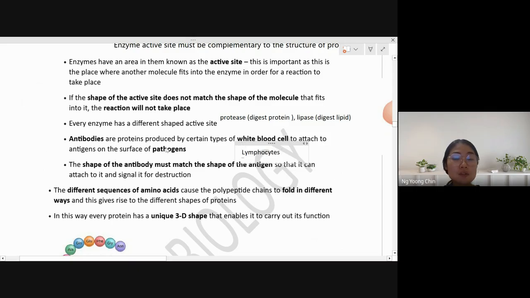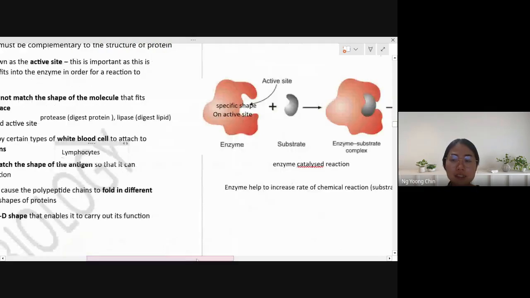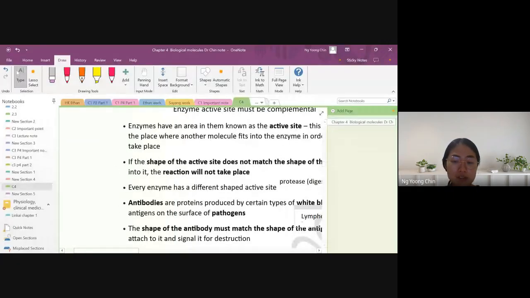Whenever the antibody needs to bind to the pathogen with its antigens, it's something like this. I found you a picture. We call it the antibody-antigen complex.